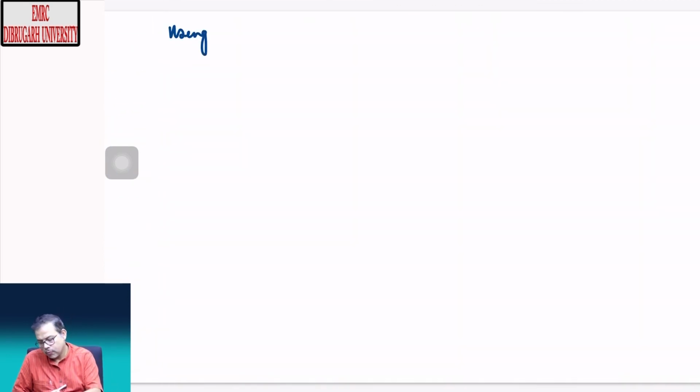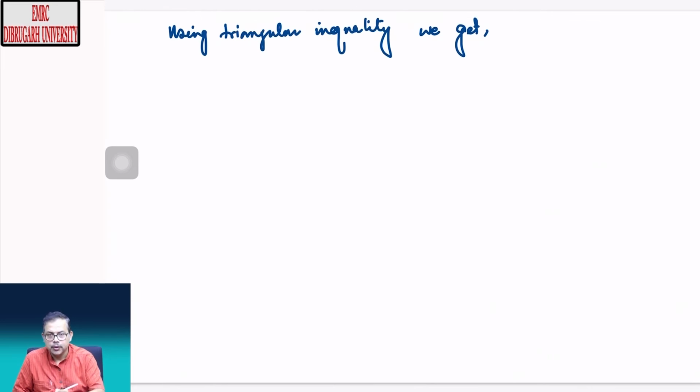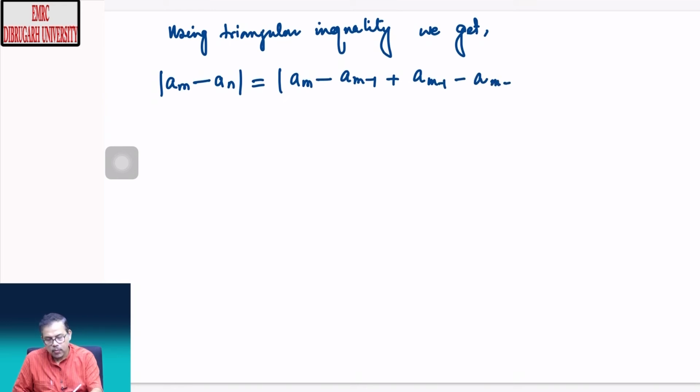Using triangular inequality, we get |a_m - a_n| equal to |a_m - a_{m-1} + a_{m-1} - a_{m-2} + a_{m-2}...|.